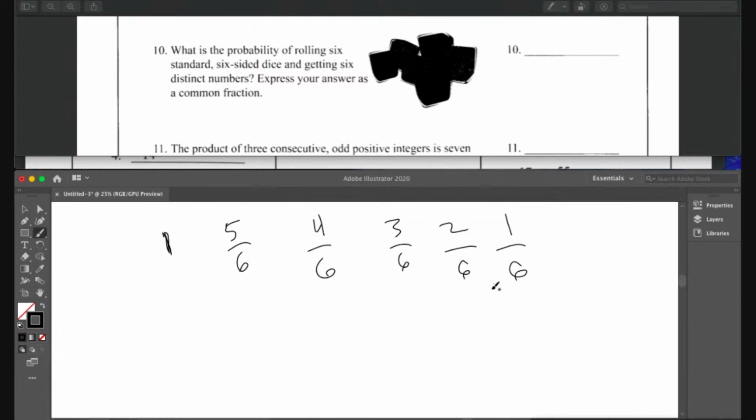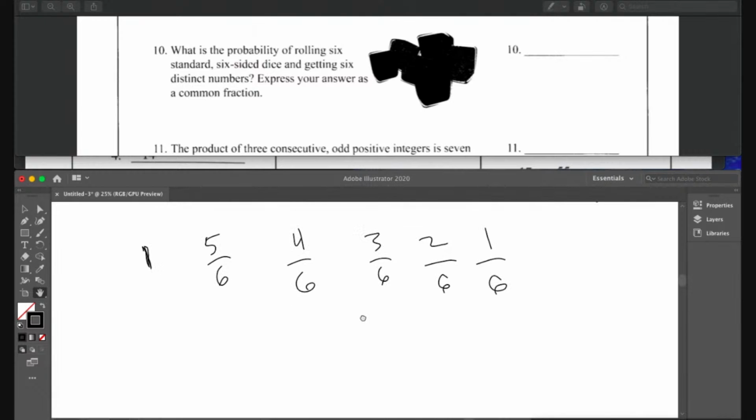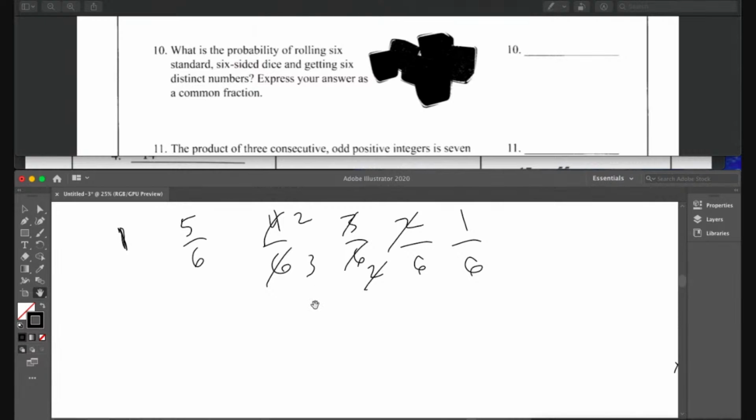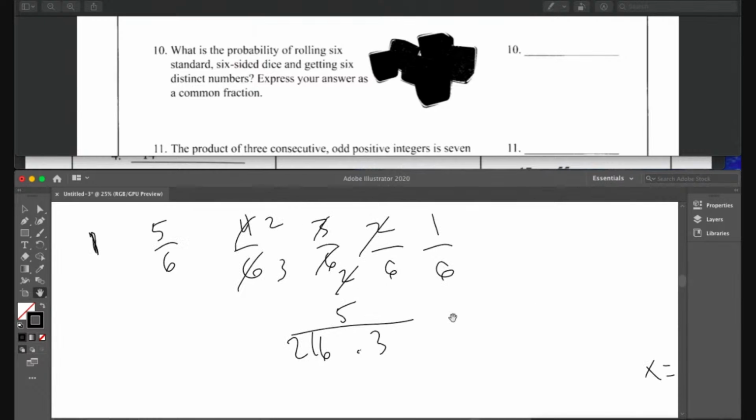And then I'm going to multiply all this together. Well, I can cancel this, or I can just cancel that, and then I can cancel one of these to be this. Okay, and then 6 cubed is going to be 216. And I'm going to have 5 on the top, and then I'm going to need to multiply this by 3. And then now I just have 5 over 648.